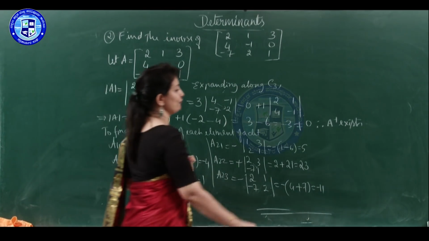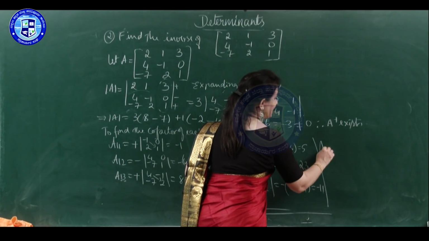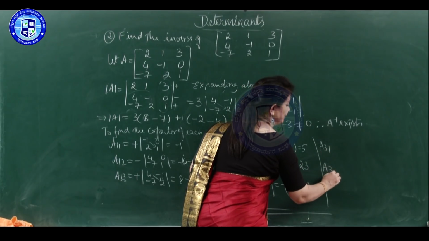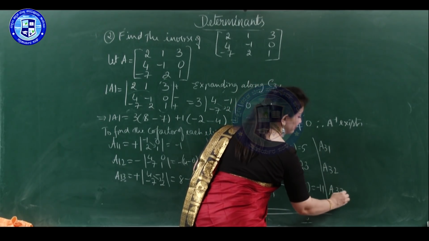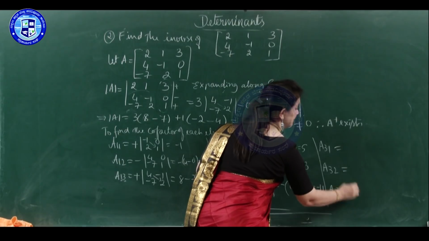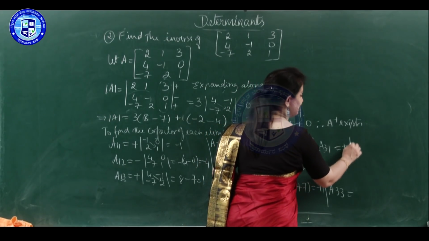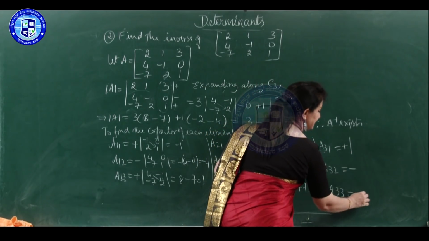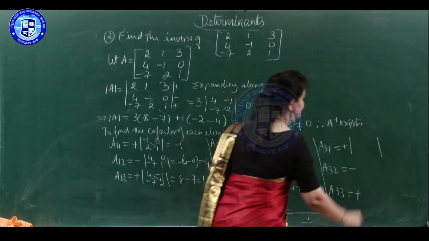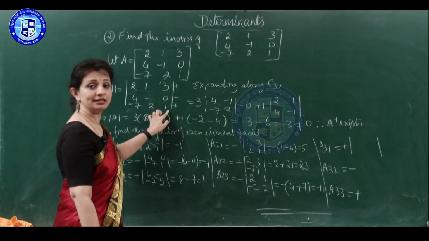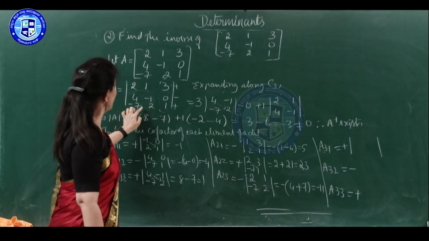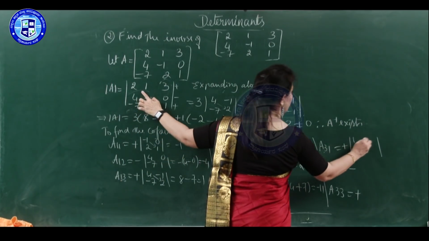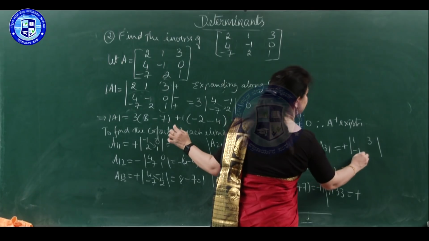Now, the last 3 cofactors, that is A31, A32, A33. A31, 3 plus 1 is an even number, so plus. This is the determinant of, eliminate the third row and first column. What are the elements? 1, 3, minus 1, 0.